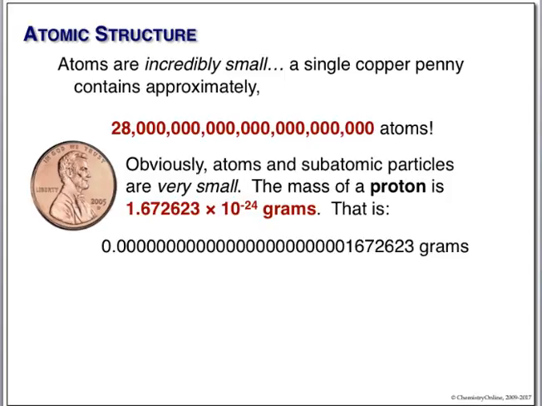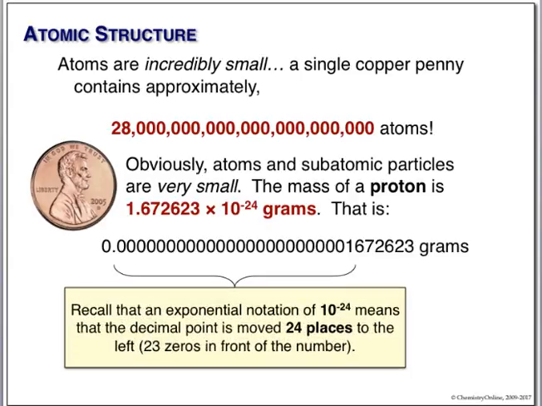Remember, this is scientific notation. In order to get our 10 to the minus 24, we start here and move our decimal point until it's between our first 2 non-zeros, and that turns out to be 24 places. We're going this way, so it's a negative number.